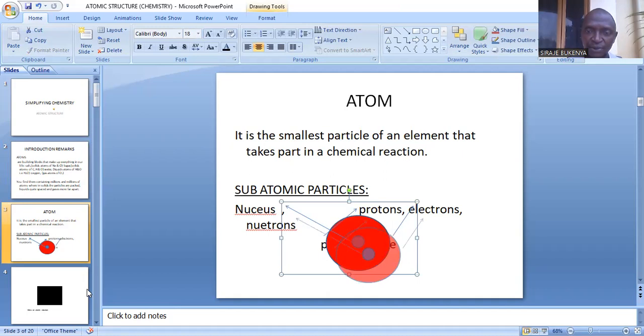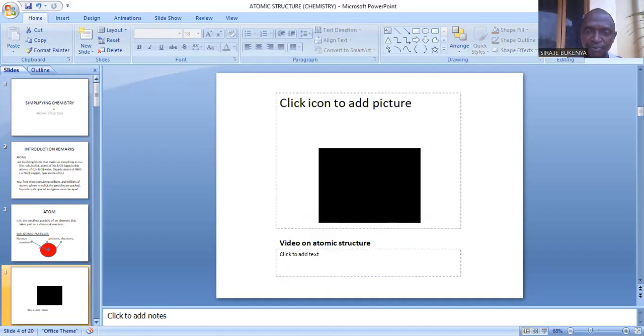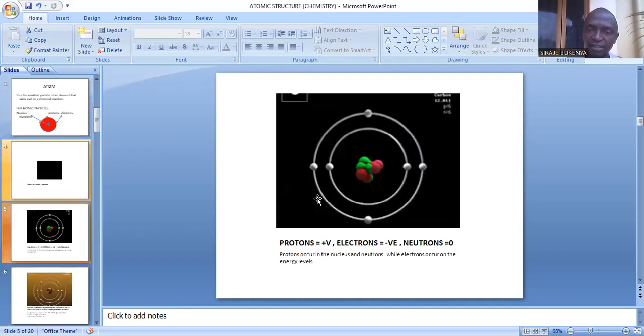The electrons are going to be found at the shells. The shells are the energy levels. So they're surrounding the nucleus. In the nucleus, you have the protons, which are positively charged, and then the neutrons, which are neutral. As you see, they carry no charge.